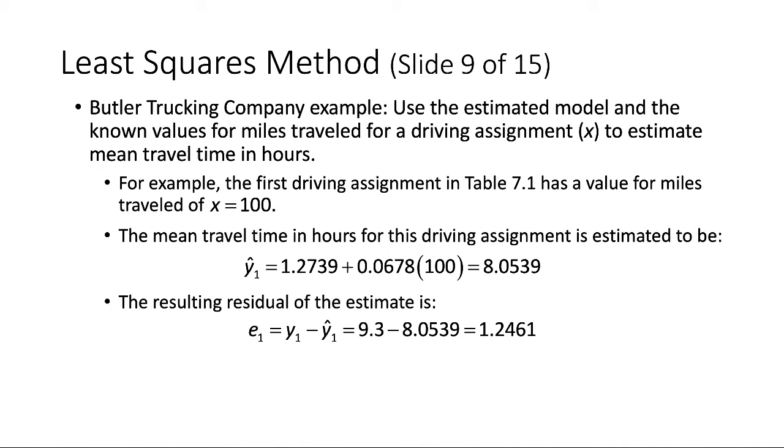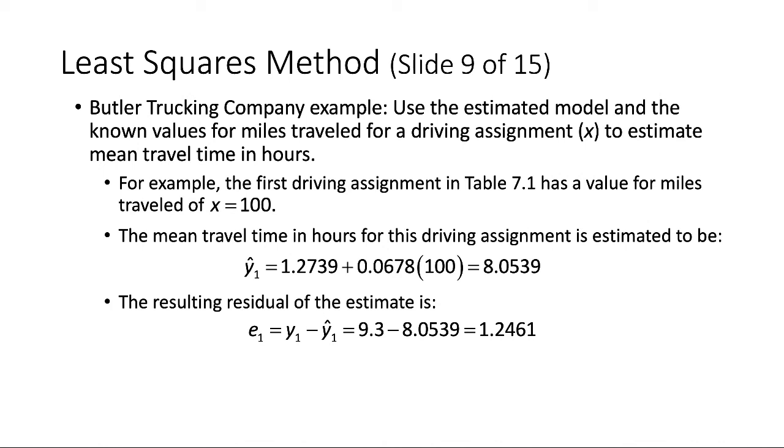So the resulting residual of the estimate is the actual travel time minus the predicted travel time, which is 9.3 minus 8.0539 equals 1.2461. So this 1.2461 is the residual for the first observation.